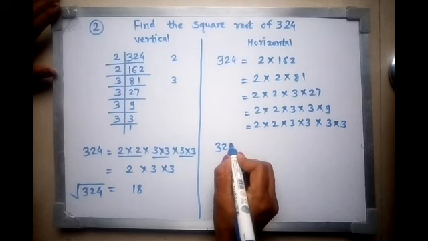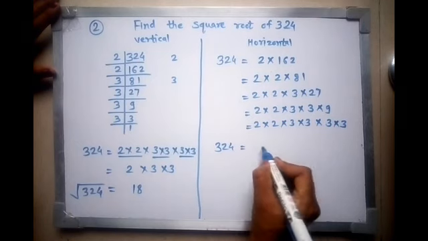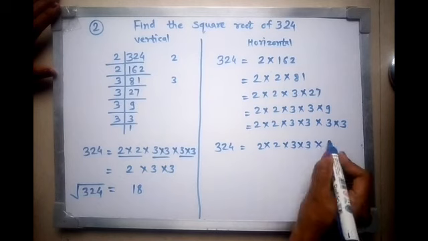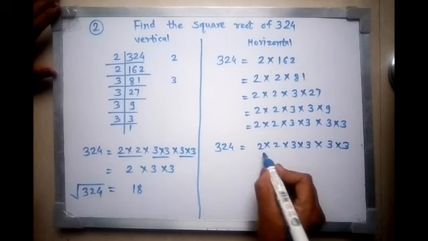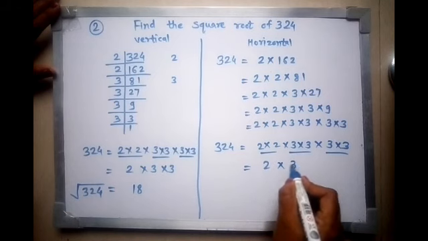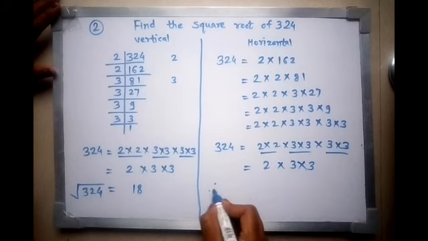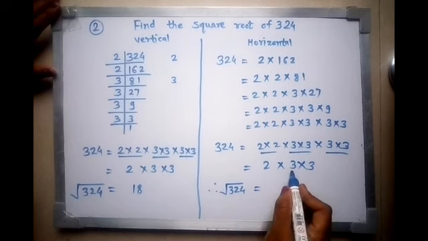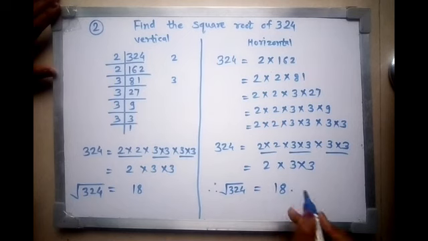Here we find all factors of 324. Write down these factors in multiplication form. Form pairs of equal factors from the prime factors obtained. Take one factor from each pair and multiply. Square root of 324 is 18.